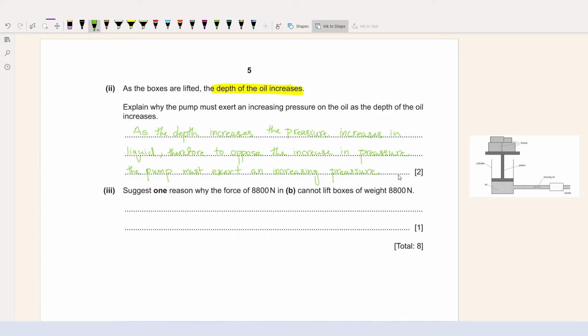Third part says suggest one reason why the force of 8,800 Newton in B cannot lift boxes of weight 8,800 Newton.